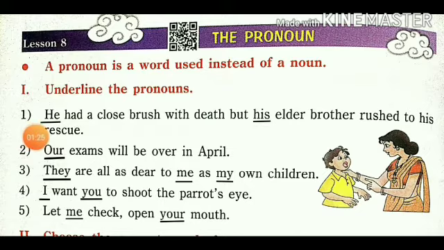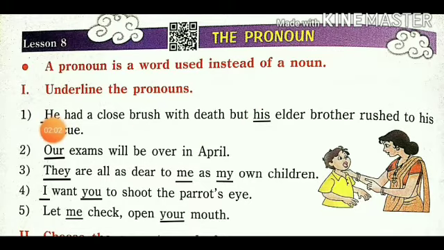I have solved it for you. I have underlined which is the pronoun. He had a close brush with the dead bird. His elder brother rushed to his rescue. In that sentence, he and his are used instead of the noun.